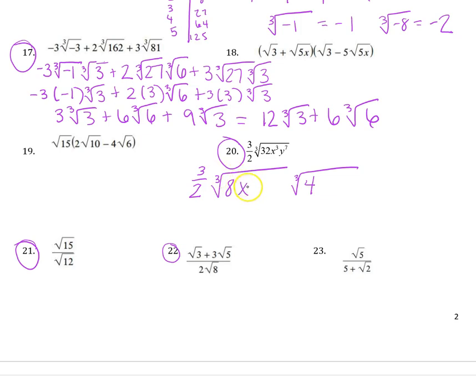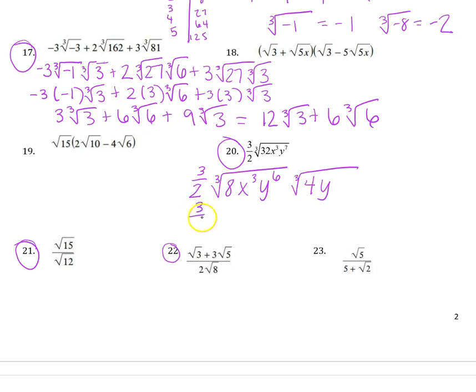I'm going to put the x to the third in the first one because 3 is divisible by 3. And y to the 6th and y are getting split up because the 6 in y to the 6th is divisible by 3, so I can take the cube root of it, and my leftover y is in the second one. So this is everything that I can't take the cube root of.